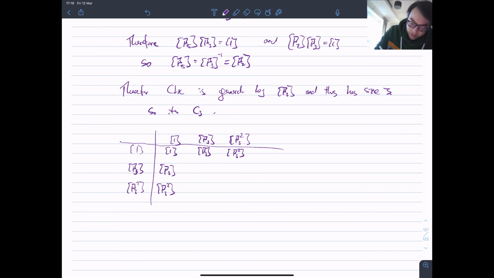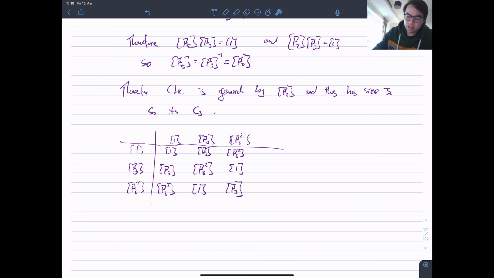What do I get if I do P3 times P3? Well, I get the class of P3 squared. If I get P3 times P3 squared, I know that P3 cubed is 1, so I just get 1 here, and then here I get P3. So this is what my class group looks like. It's a cyclic group of size 3, and this is what the multiplication table for my elements looks like.